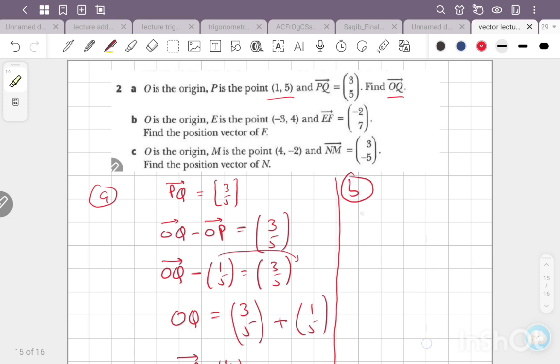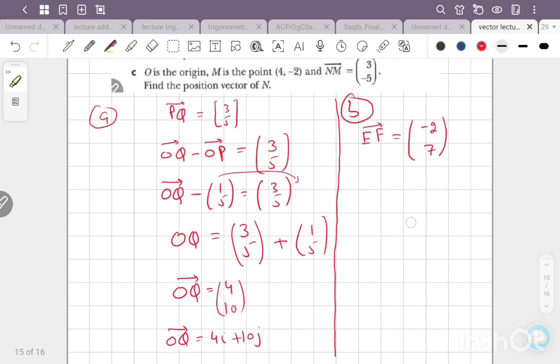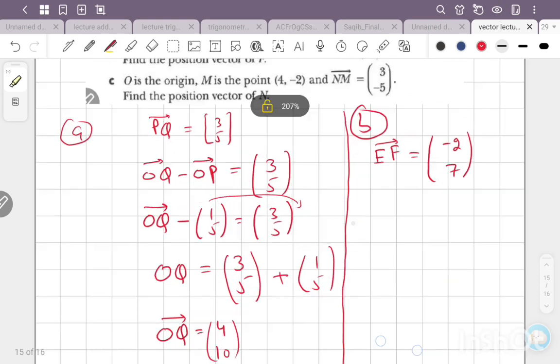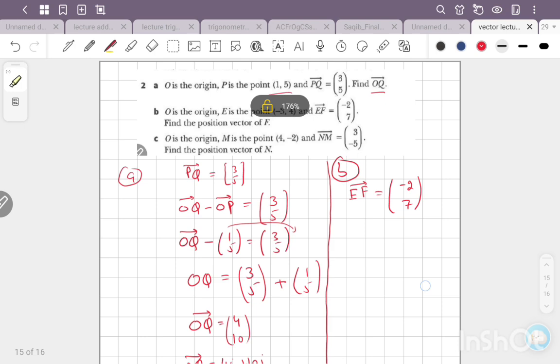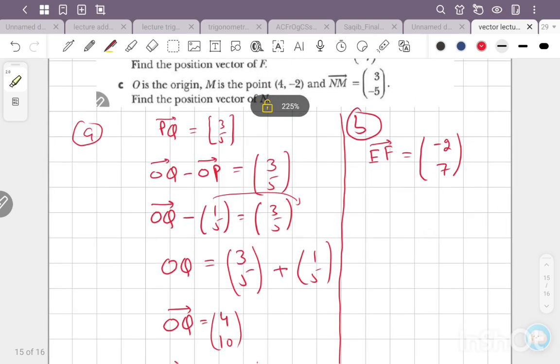So EF, we have EF equal to minus 2 and 7. Okay, now further, we will have to write it in this form: OF minus OE equal to minus 2 and 7.